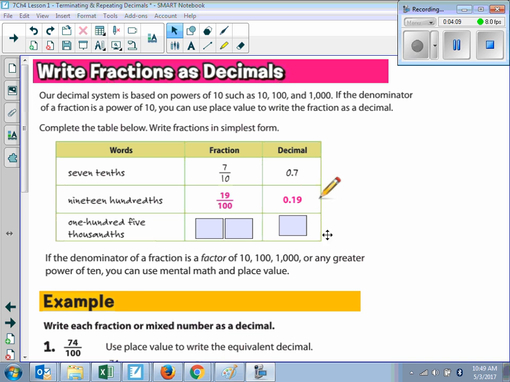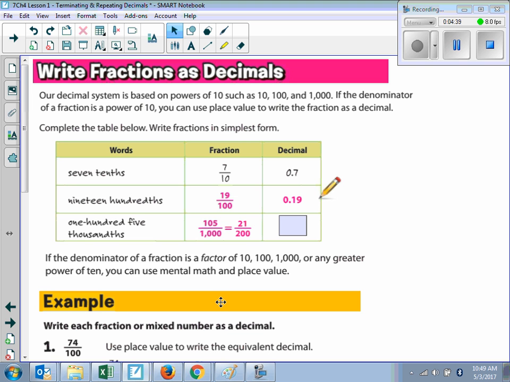All right, the next one, when you read it, you read 105 thousandths. So when we write that, we write 105 over 1,000. Very good. And of course, when we write that fraction, now you can simplify it, right? So we can simplify this by dividing the numerator and the denominator by 5, and we end up with 21 over 200.